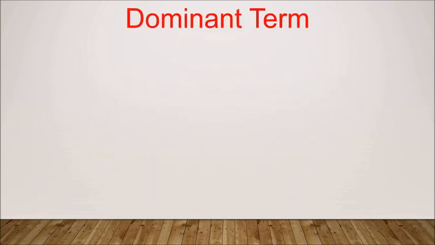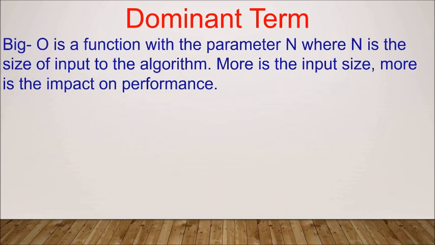So we will move ahead. That is the dominant term. When we calculate time using big O notation, it results in an equation. An equation is basically a collection of different terms, just like a mathematical equation. The dominant term is the term for which the size is maximum. Big O is a function with a parameter n, where n is the size of input, or we can say the number of steps.